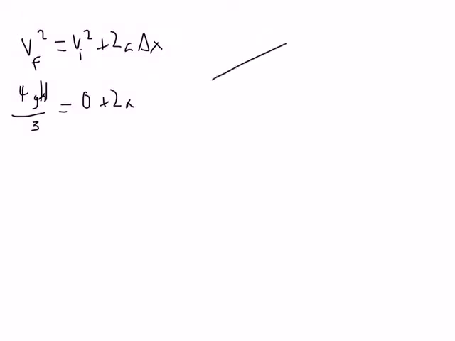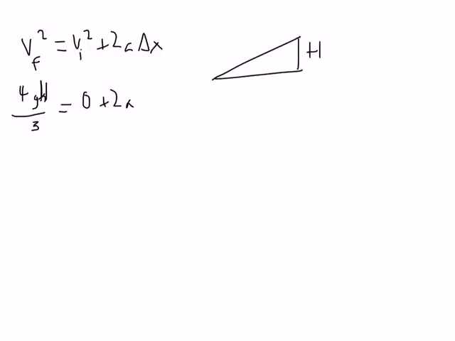So v final squared is v initial squared plus 2a delta x. So let's start substituting things in. So v final squared, 4gh over 3. The initial squared, 0. a is what we were trying to find. So delta x, right, is the total length we travel, not like a component or anything.